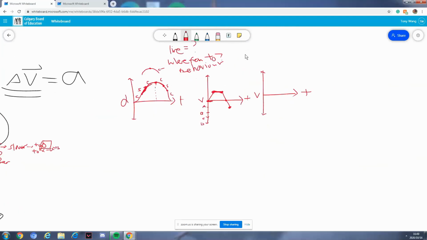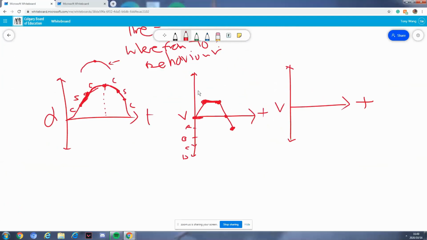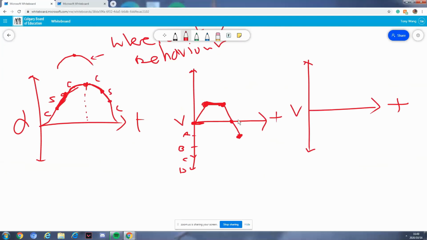It would be a curve. This is not a curve, this is a straight line. What would it be? So start from that point. It will be a straight horizontal line.